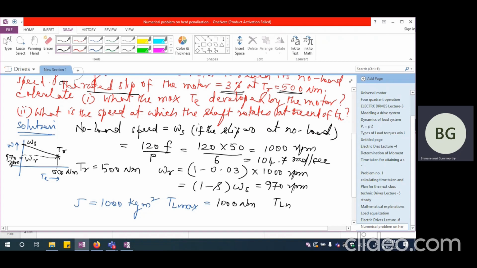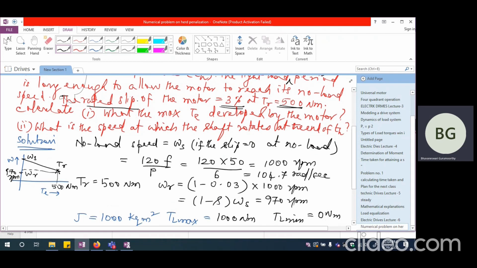TL minimum is given as 0 Newton meter. And TH, the time duration for which the high load torque is encountered by the motor, is 10 seconds. But TL is really not given because it says that the motor is on no load. It is long enough to allow the motor to reach its no load speed.